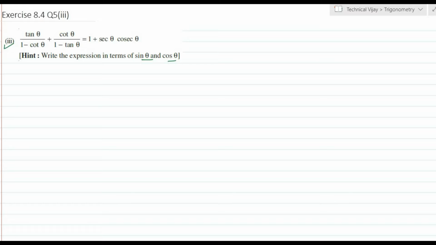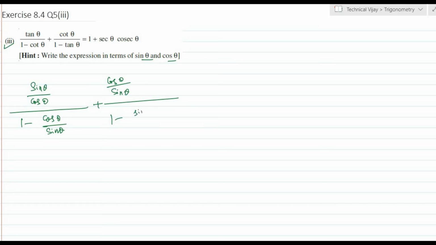Here tan theta can be written as sin theta divided by cos theta, whole divided by 1 minus cot theta, where cot theta is cos theta divided by sin theta. Plus cot theta, which is cos theta divided by sin theta, whole divided by 1 minus tan theta, that is sin theta divided by cos theta. Because he has given the hint, we have to use sin theta and cos theta.